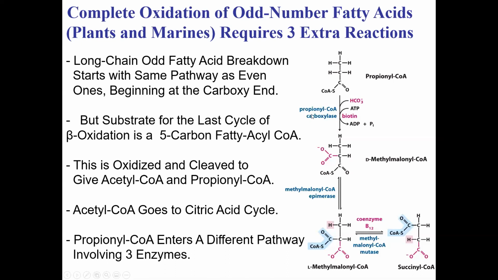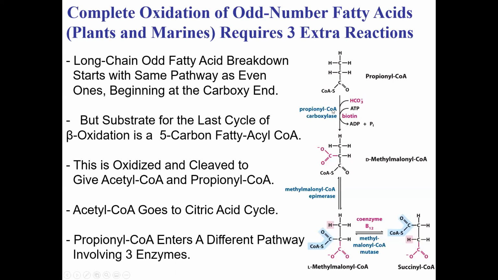So the first reaction is catalyzed by propionyl coenzyme A carboxylase. Remember pyruvate carboxylase? Very similar enzyme. Look, it's using the same cofactor, biotin, and bicarbonate and ATP. We talked about the mechanism of how that reaction happens.